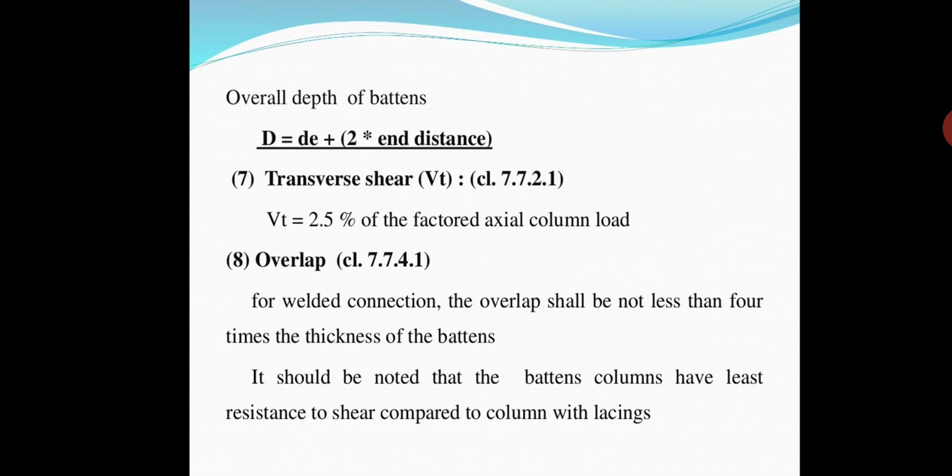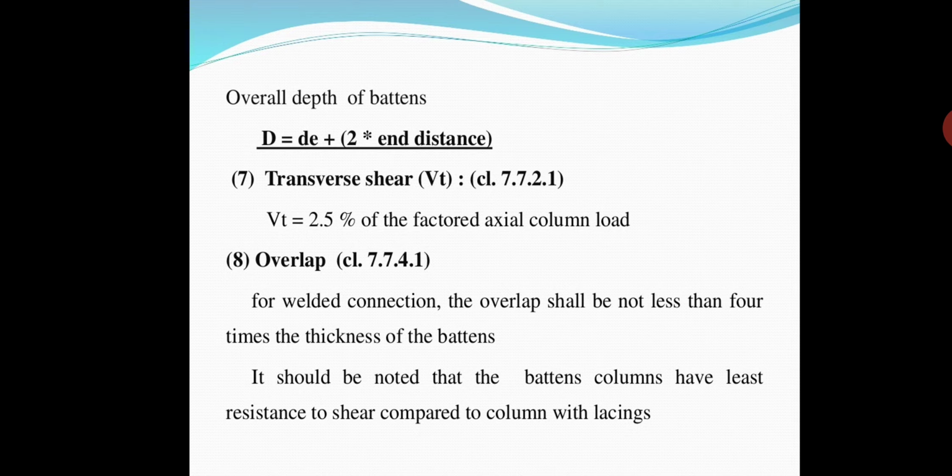Then after finding the effective depth, we calculate the overall depth of the batten, denoted by capital D. Overall depth D is equal to D E plus 2 times the end distance. You have to calculate both end distances, and the summation gives the overall depth of the batten.